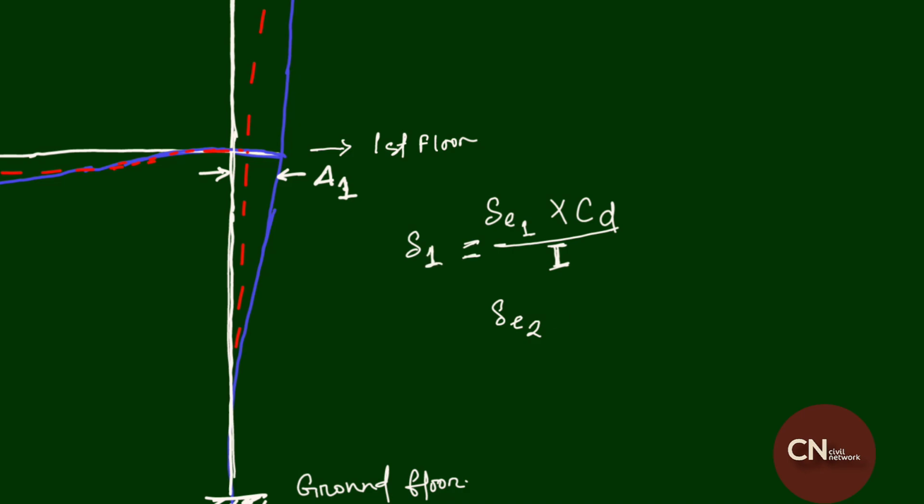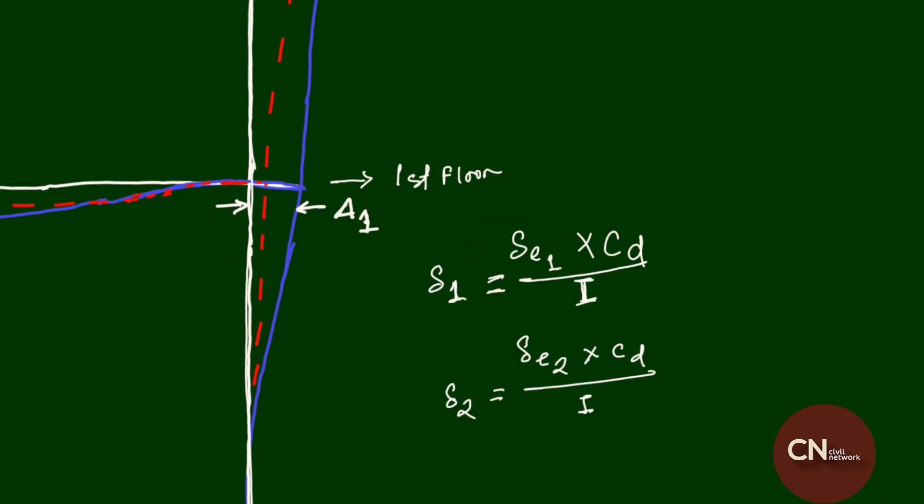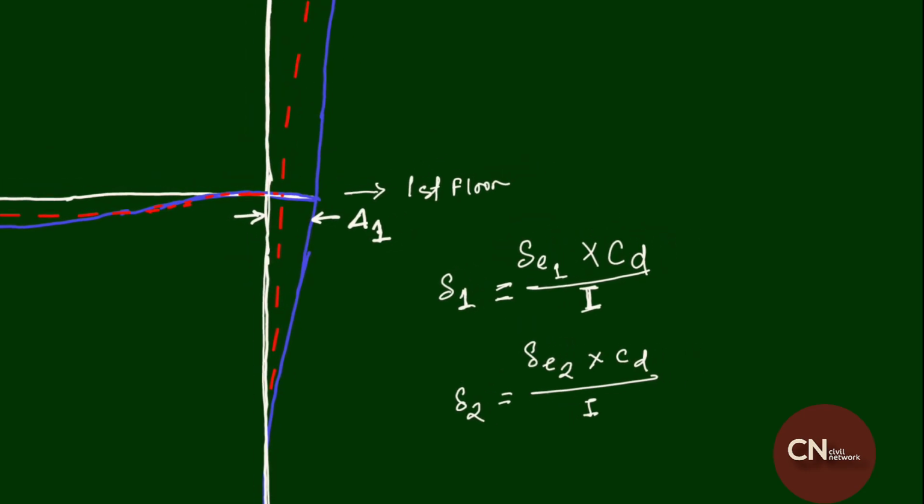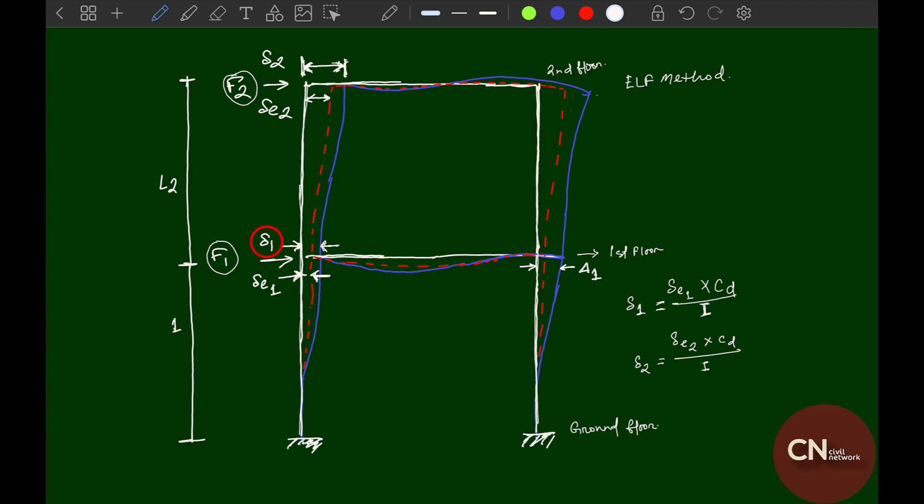Similarly for the second floor, if we multiply the elastic displacement with Cd and divide it by the importance factor I, we will get the inelastic displacement for the second floor. If we look at our illustration, delta 1 is the inelastic displacement of the first floor and delta 2 is the inelastic displacement for the second floor.